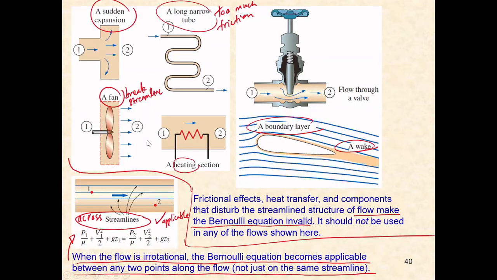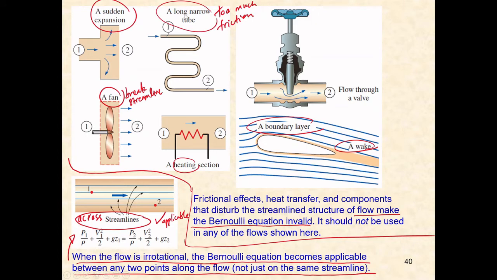This slide shows the conditions where the Bernoulli equation becomes inapplicable. So all these conditions show when the Bernoulli equation fails. Here there is a sudden expansion, which will make the Bernoulli equation fail.